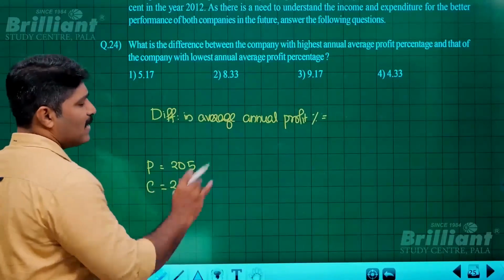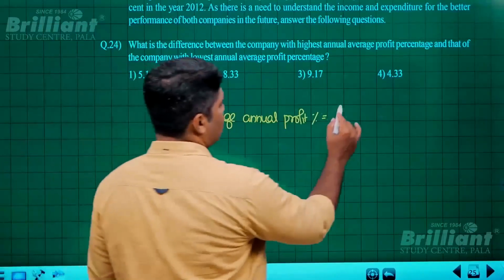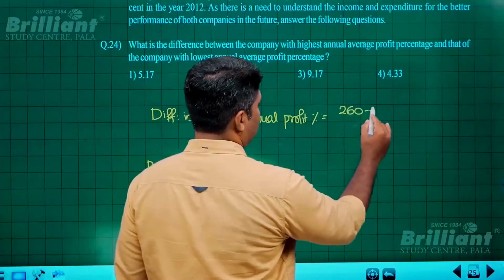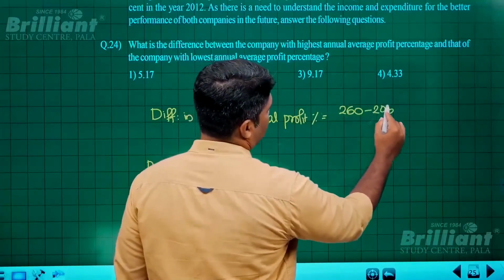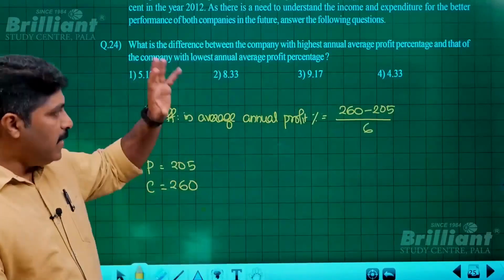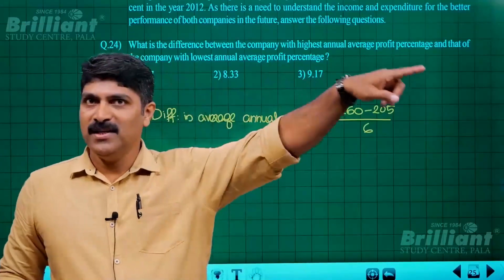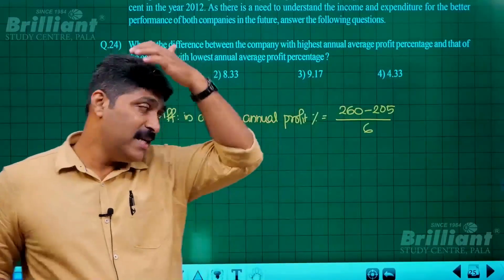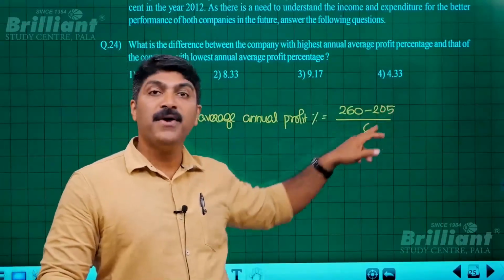So from that data tabulation, we need the difference in their average percentage profit. First of all, you have to take the sum, then take the differences. So the average of Contingent is 260 by 6 and that of Polaris is 205 by 6.